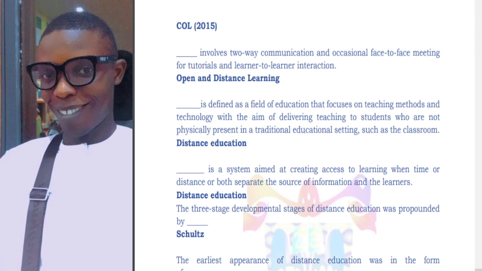I know that for those of you that are going to be doing science courses, there are some courses that you will need to go for practical. You will get physical interaction with teachers or people that are there to guide or support you. And there is always room for you to go for tutorials.